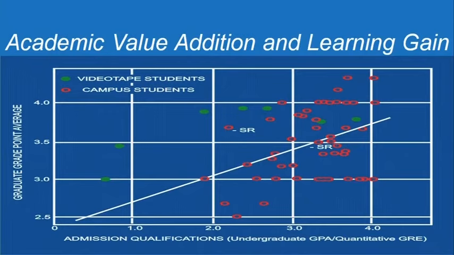This student, the GPA was, let us say, 0.5. This student, the GPA was 1.8, 1.9.